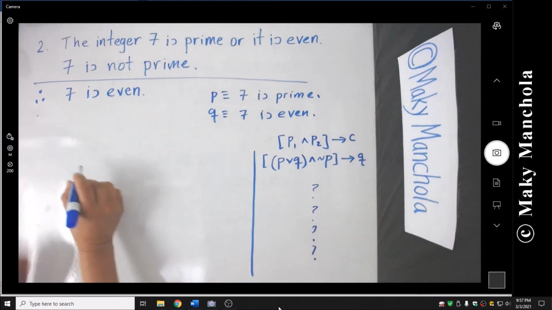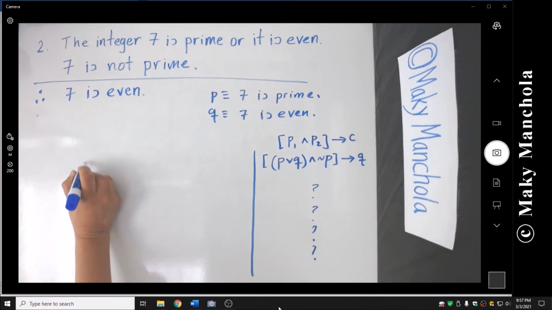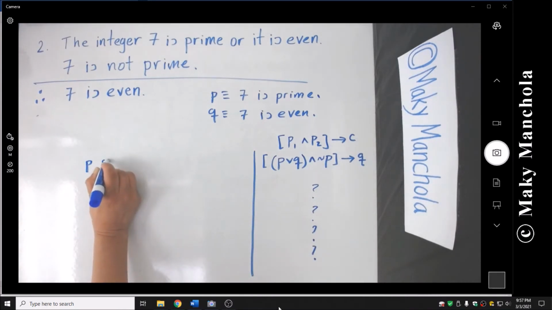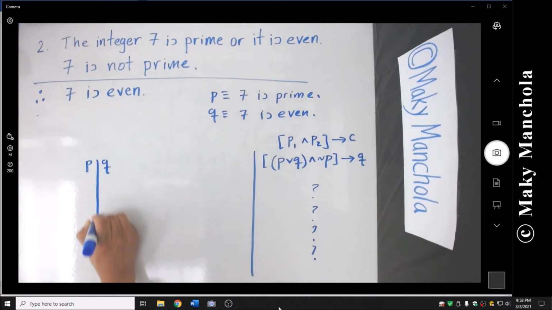Okay, so here are our cases. So we need P, we need Q. True, true, true, false, false, true, false, false.